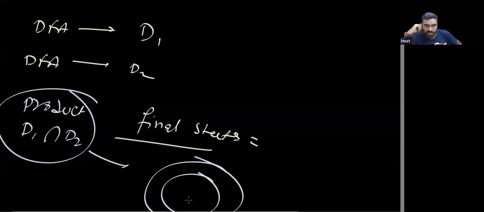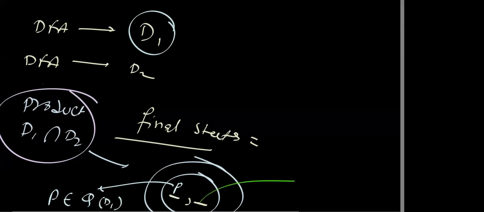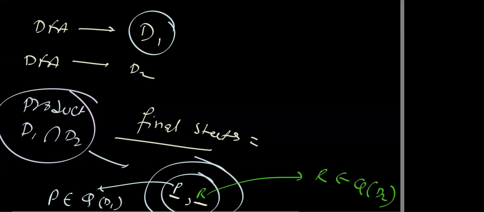Where basically in every state you have 2 components, right? One component is coming from D1, one component is coming from D2. This P is a state of D1, and this R is a state of D2. Okay, now what will be the final state in this construction?